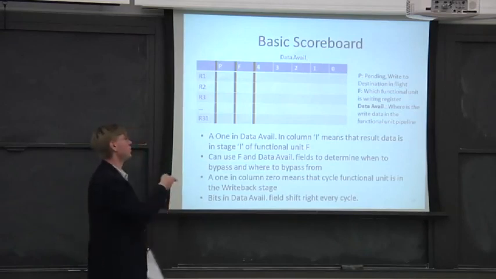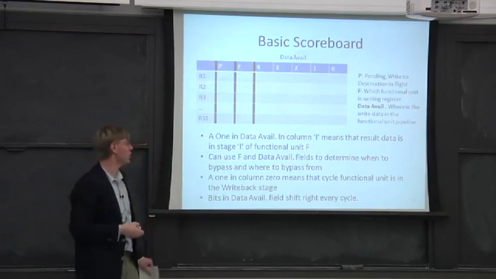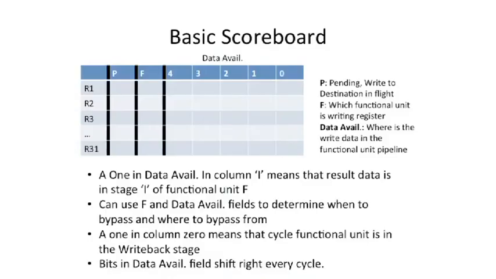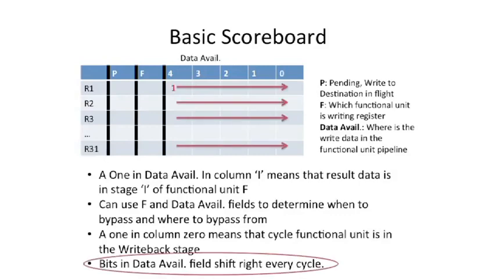So if you look at what functional unit you are and cross it with this information, you can figure out where to do a bypass from. Every cycle, logically, you can think of these bits shifting to the right. So if there's a 1 here, that means the data for register 1 is going to be available in 4 cycles somewhere. Probably the architectural register file if you implement this relatively simply.